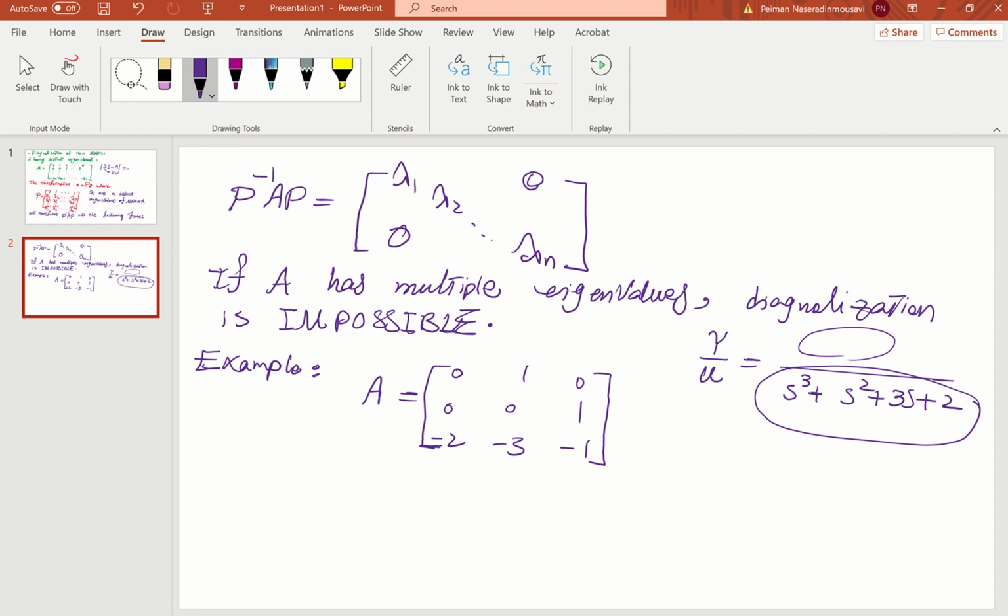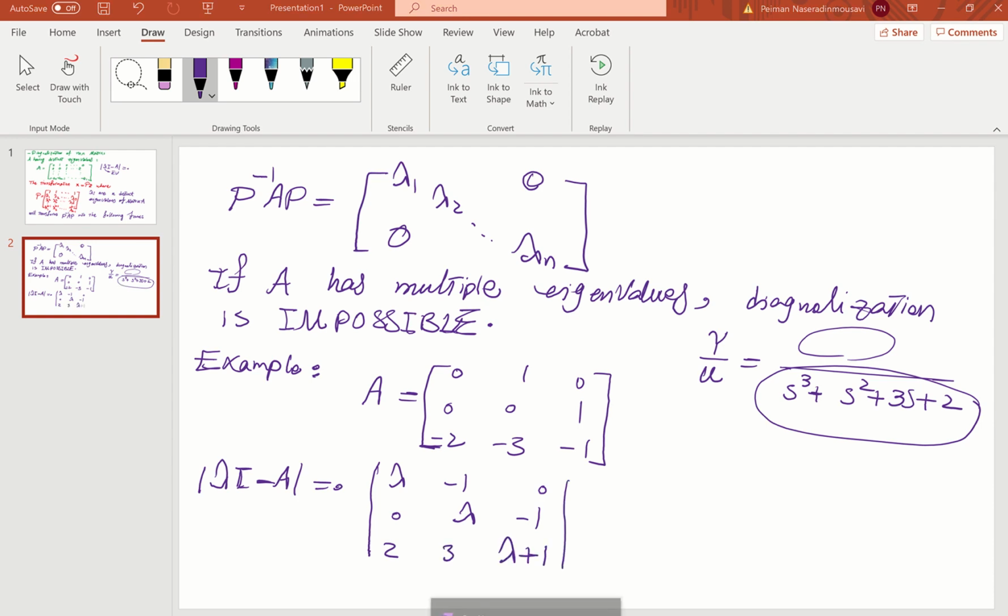So what you have to do is find first the eigenvalues of this matrix, guys. I'm just doing these operations and finally get this: lambda, minus 1, 0, 0, lambda, minus 1, and 2, 3, and lambda plus 1, because you are subtracting the matrix A. So we are finding the lambdas.